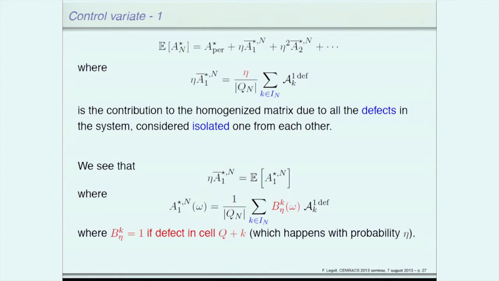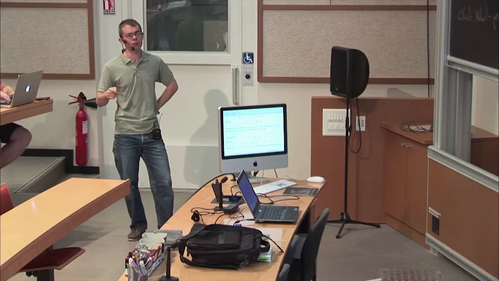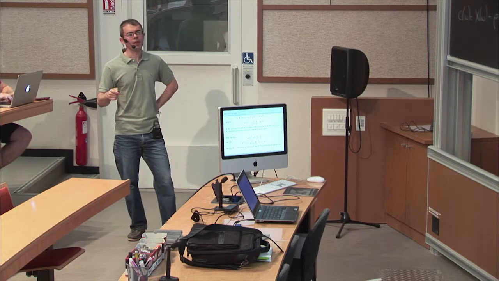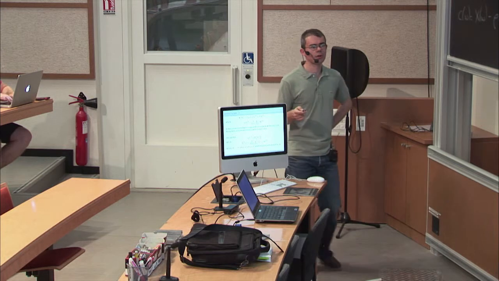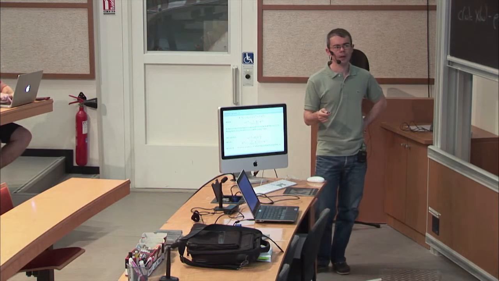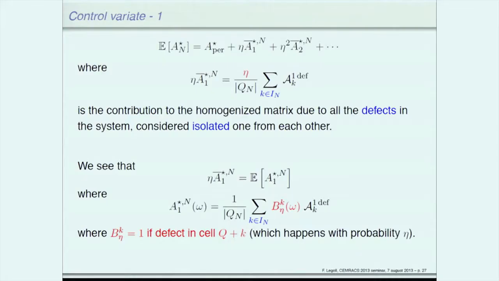What you can recognize is that this is actually the expectation of a random quantity, which is that one. And that random quantity is the sum over all the positions in the supercell, K. And this is the random variable that tells me I have a defect or I don't have a defect in the cell K. So this is equal to 1 or 0. If it is equal to 0, then I do not add anything.